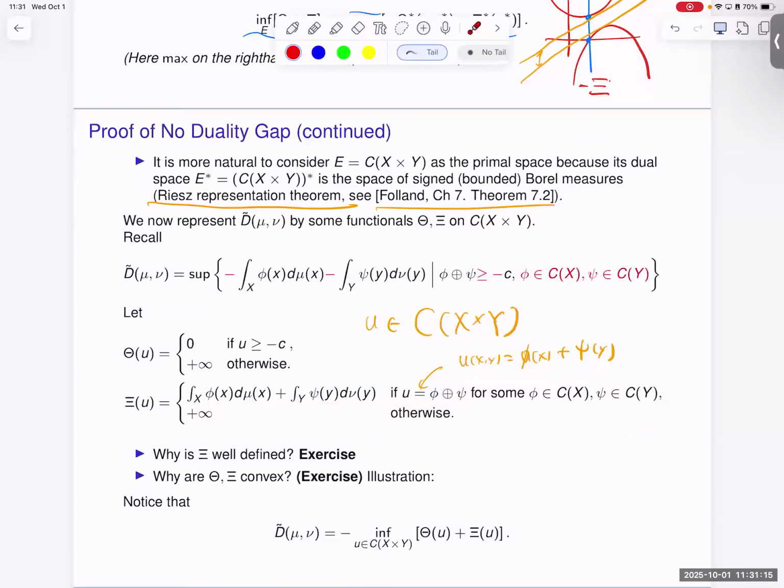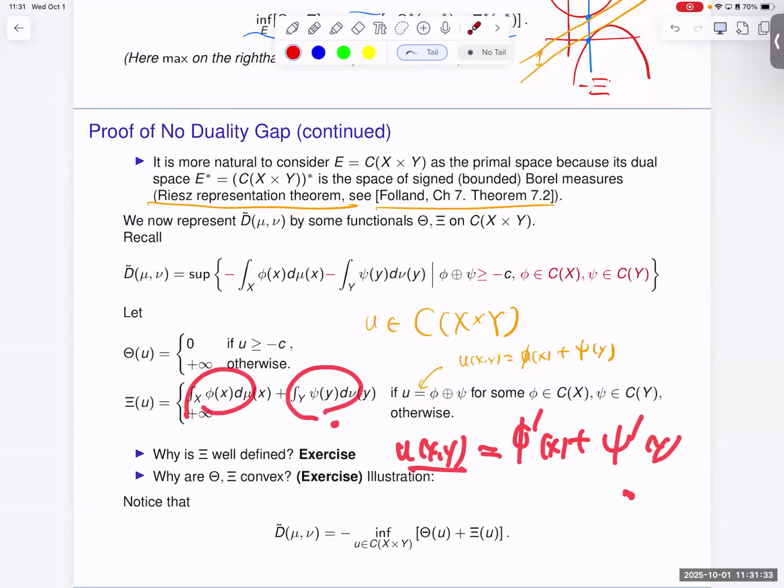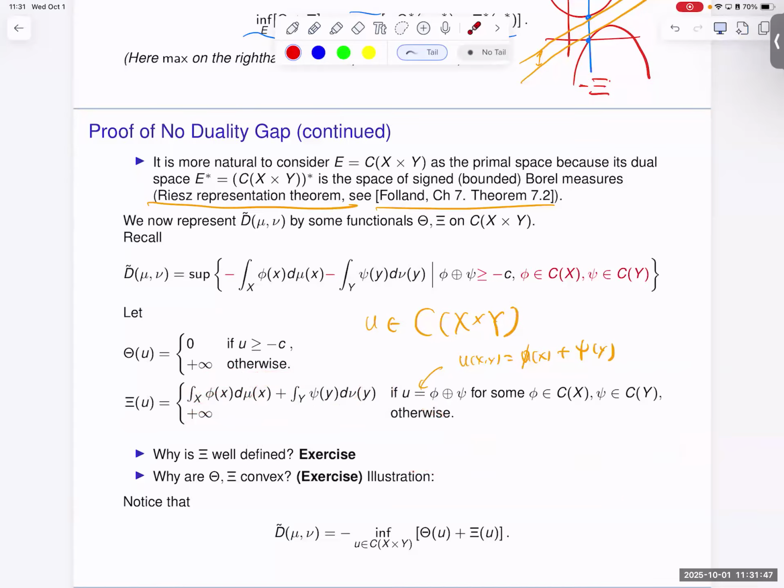You may think such a u may have different functions, phi prime and psi prime, making the sum into u. Then these values will change, right? Then how can we have the same value for all possibly different phi and psi combinations? That is what this question is asking. Do you understand the question now? Simply, why is this expression well defined?